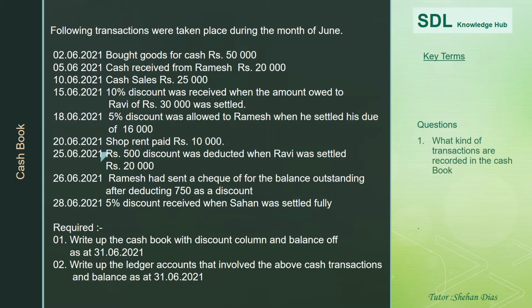Based on this, we are required to write up the cash book with discount columns and balance off as at 31st June 2021, and write up the ledger accounts involved in the above cash transactions and balance as at 31st June 2021. So we will look at how to answer this question.